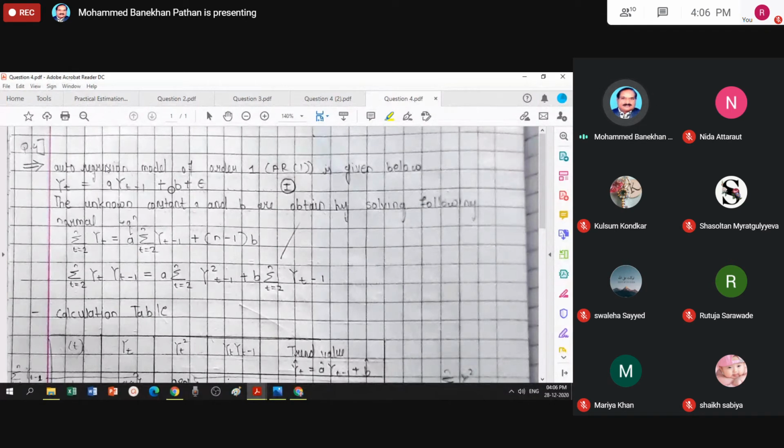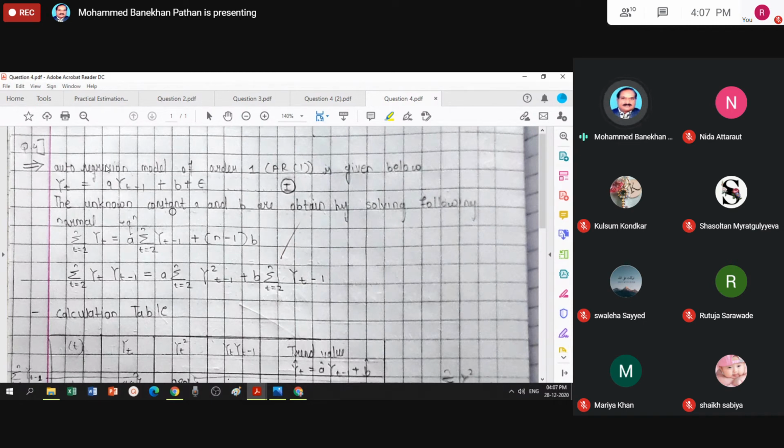B is a constant, plus epsilon is an error factor. This equation is known as the AR1 model. Firstly, we try to fit this equation. If you drop epsilon, it is a simple equation of a line, that is a regression line.